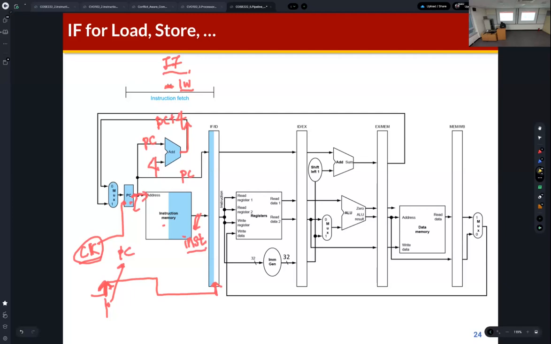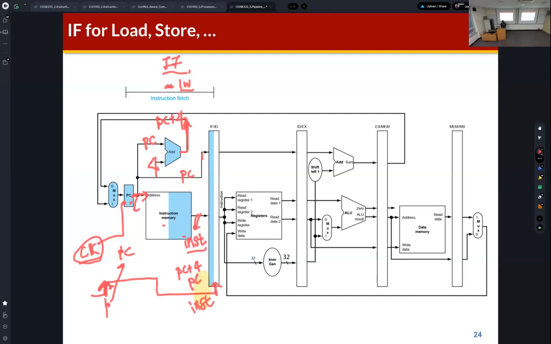At the later part of the clock signal, around here, we can get these results: the PC plus 4, and the PC and the instruction.